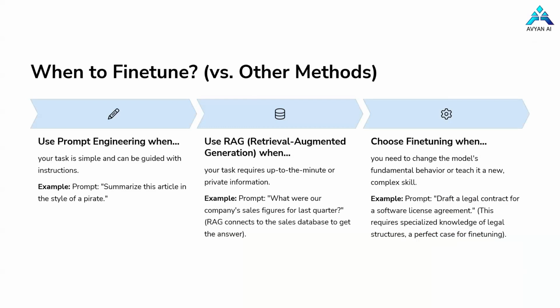So when to fine-tune? This is the most important thing. If you want to ask very simple and guided instructions, which is generally what we do most of the time with ChatGPT, in that case you will just use prompt engineering, what we are doing in our daily life. The second thing is RAG architecture, which most of the organizations are trying to use.